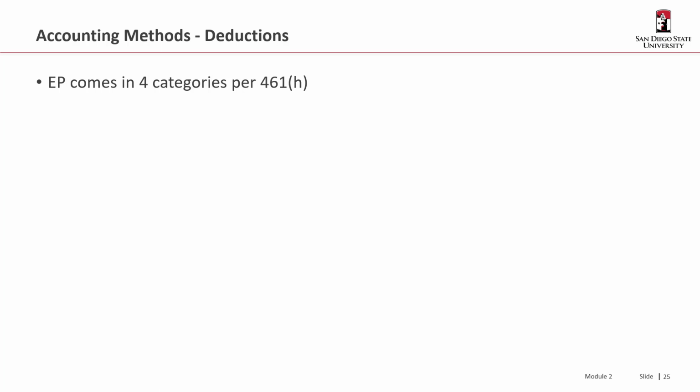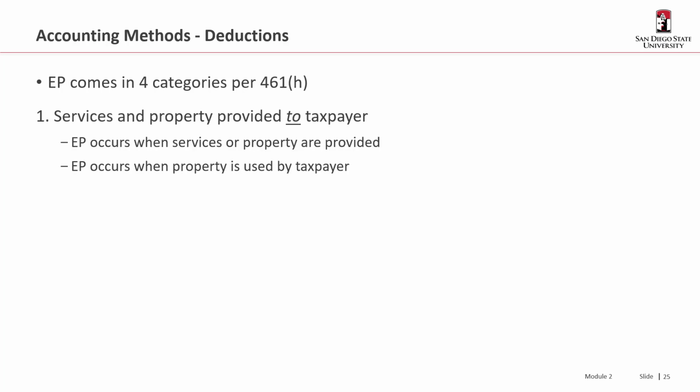Okay, so economic performance comes in 4 categories. What that means is the definition of economic performance differs depending on what the underlying transaction is. So when services and property are provided to a taxpayer, which is 95% of what happens, then economic performance occurs when the services or property are provided or when the property is used by the taxpayer.